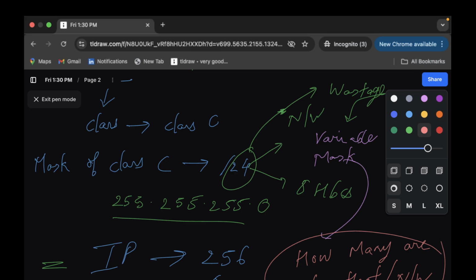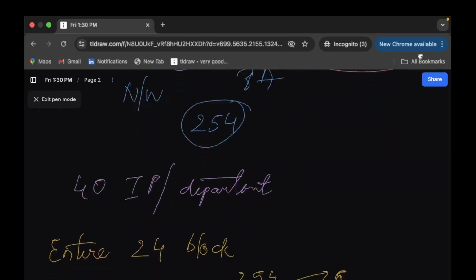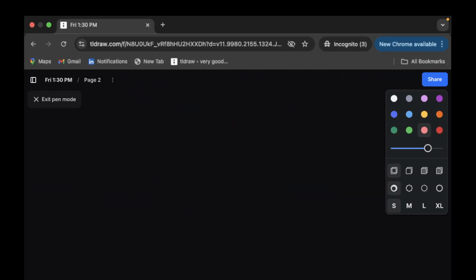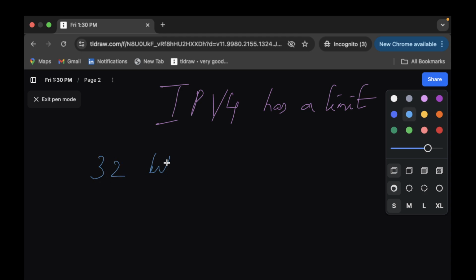Even though you do subnetting, the only drawback that subnetting overcomes is that it reduces the IP wastage. But still, IPv4 has a limit, because it is made up of 32 bits. So at a time we can only have these many possible IP addresses.